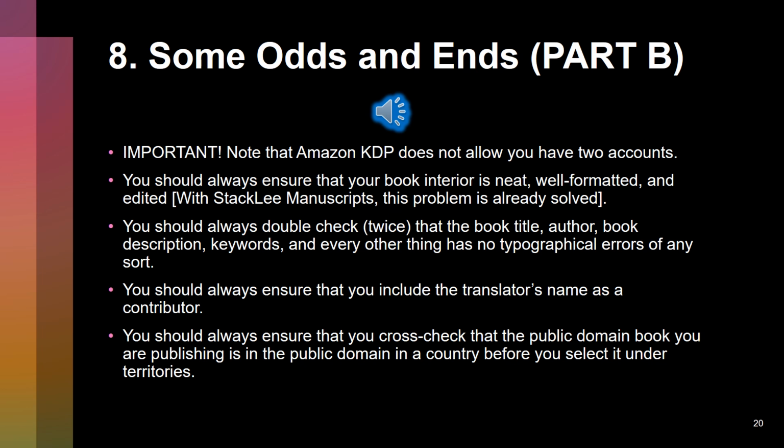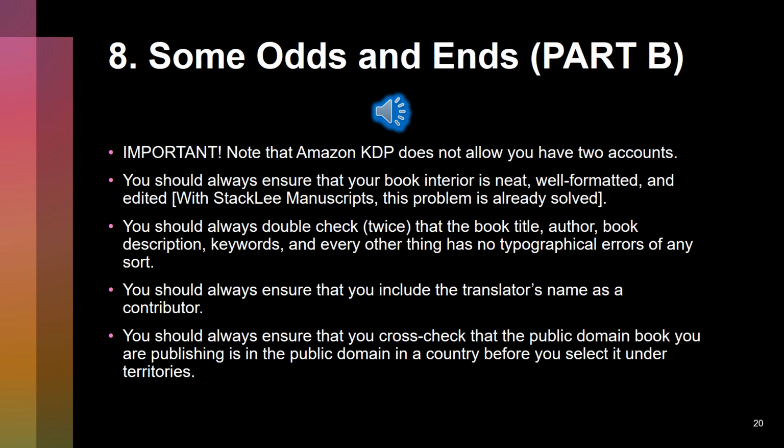And always double check that the book title, the author, the book description, keywords, and every other thing in the book has no typographical error of any sort. So always double check before you click save and move forward. And always ensure that you have included the translator's name as a contributor. Any book that has a translator, always be sure you've included the translator, and always go to your Stackley manuscript that you intend to publish and look through it to see if there's any translator in the book.